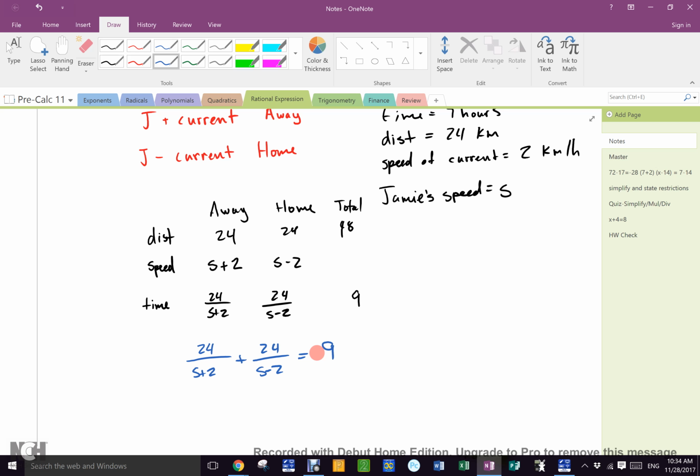Common denominator. Okay, what is it? Right. So my common denominator is s plus 2, s minus 2. What does this guy need? S minus 2. So what's that? 24s minus 48.